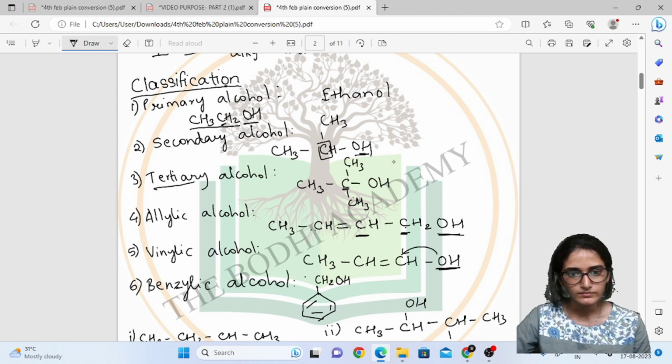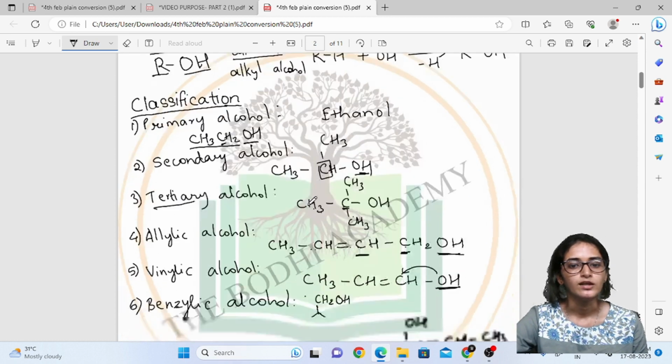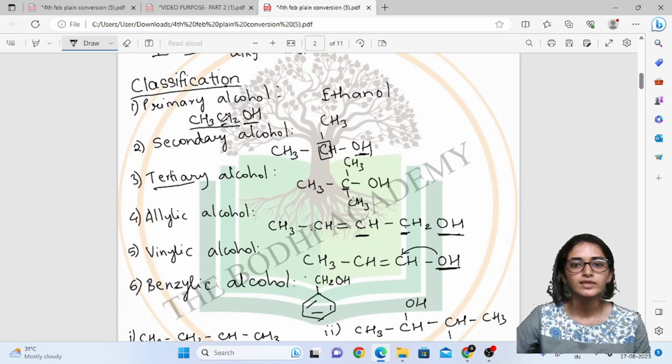Before naming the secondary alcohol, what will be the common name of the primary alcohol written here? The IUPAC name is ethanol. The common name is written as alkyl alcohol. So this is ethyl, and the common name will be ethyl alcohol.